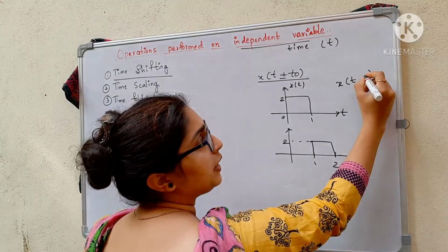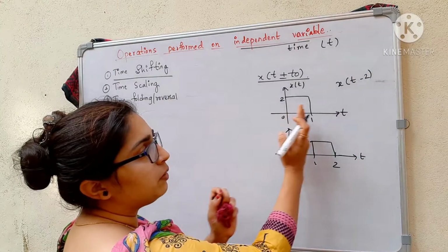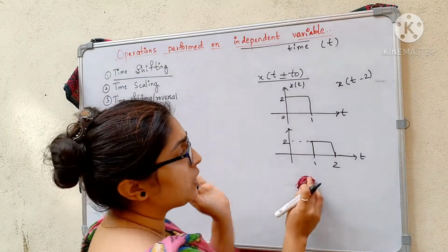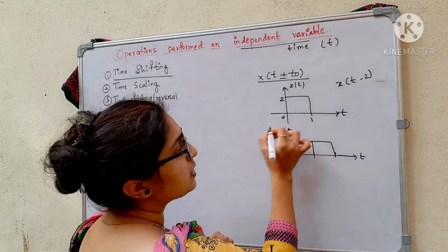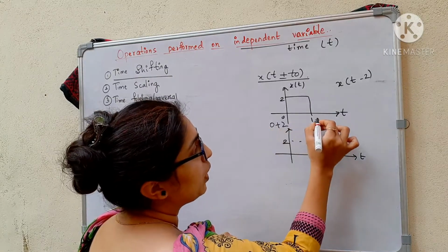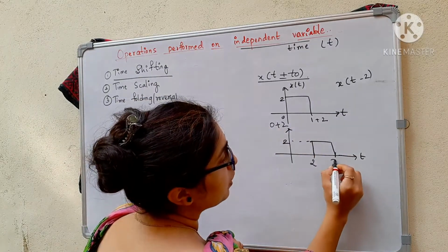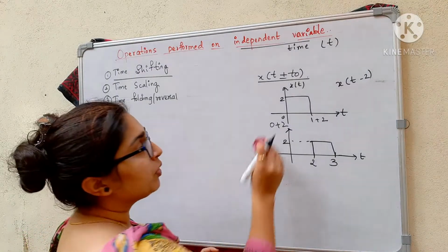If you had t minus 2, it will be shifted by 2 units towards the right, so 0 plus 2 and 1 plus 2: you get it at 2 and 3.